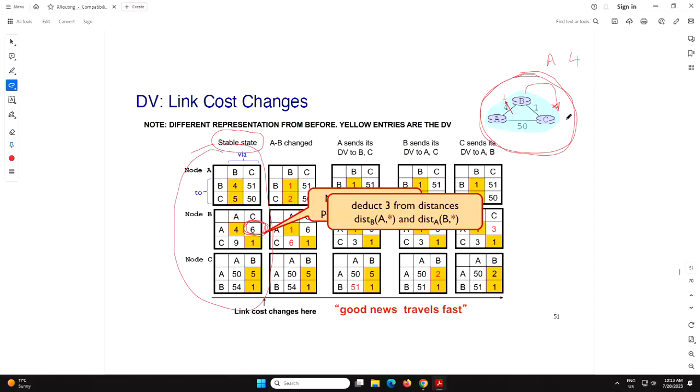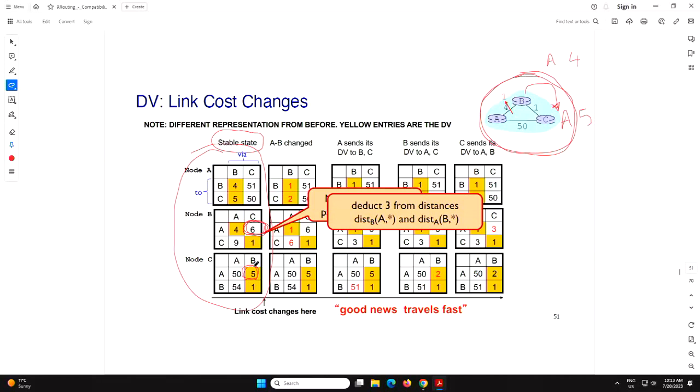So C will have in its routing table that it can go to A at the cost of 5. Look at this. This is what I'm talking about.